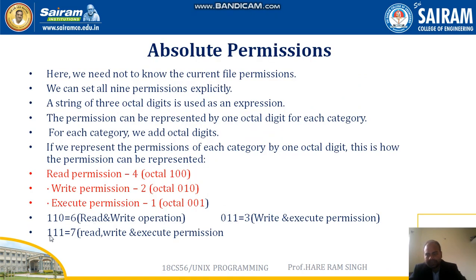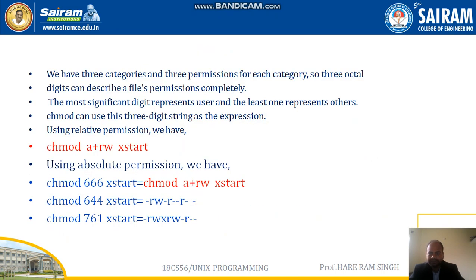So in this binary form you can see 111 or 101. So this one is for user, this one is for group, and this is for others. The rightmost digit represents others, the leftmost digit represents owner, and the middle one represents group.